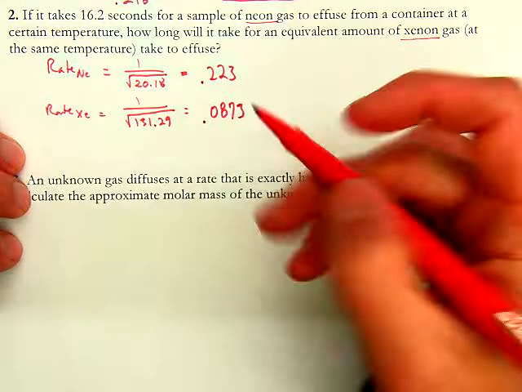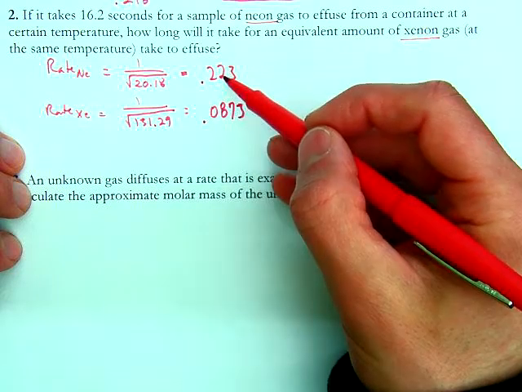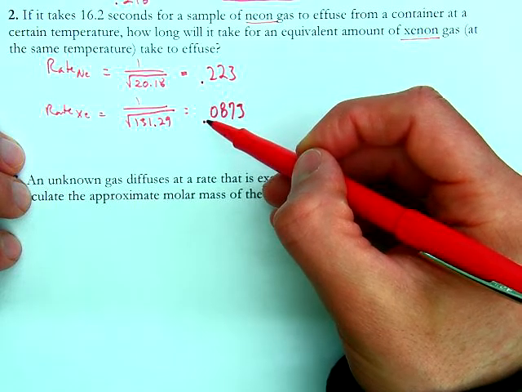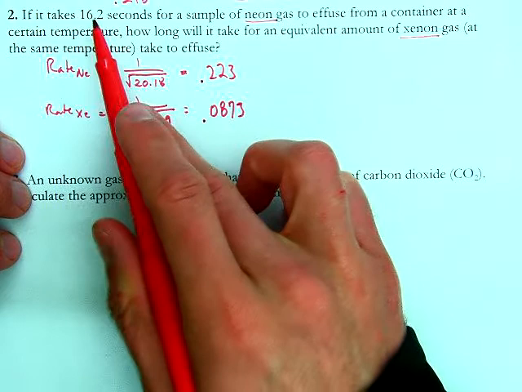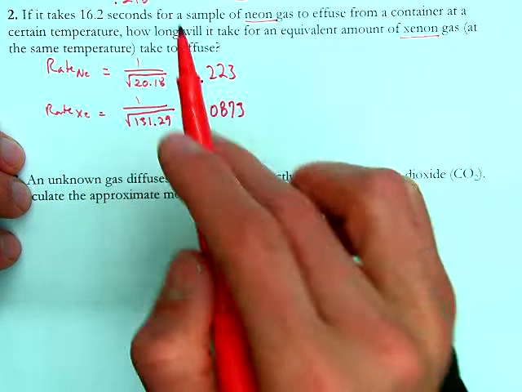Okay, so the rate of neon is larger than the rate of xenon, which you'd expect because it's lighter. And it says that the neon takes 16.2 seconds.